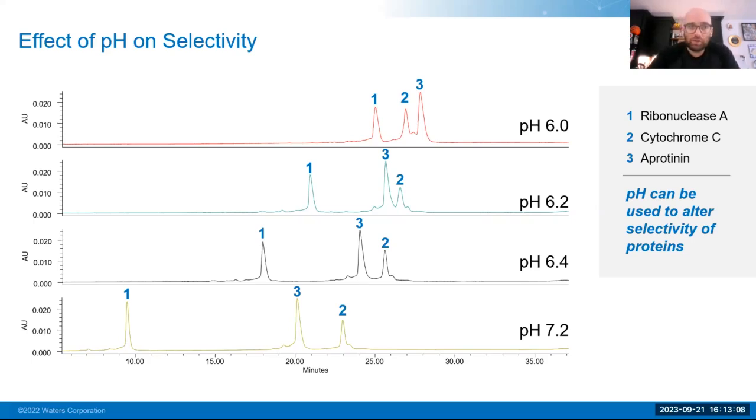So this is a very important piece of the actual method development. pH is one of the most critical pieces to understand in terms of how it's going to affect your method development. Again, this is why it's very important to understand the actual PI of your protein and characterize that as much as possible before you begin the process of method development.